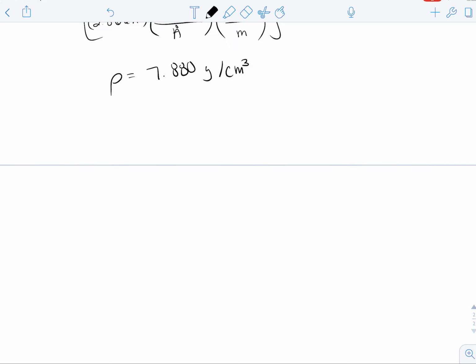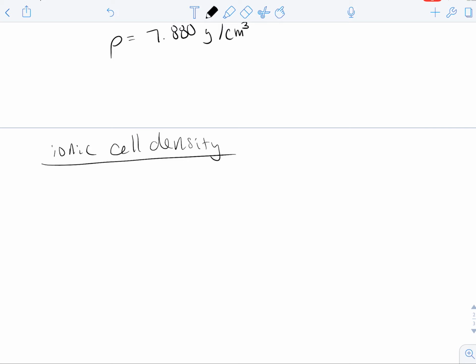Okay, if we want to look at an ionic cell, we just have an additional type of atom. So we have a cation and an anion. So our mass here will be equal to our Z plus, our cation number of atoms, times our grams per mole of our cation. Still use our molar mass, but just for our cation.